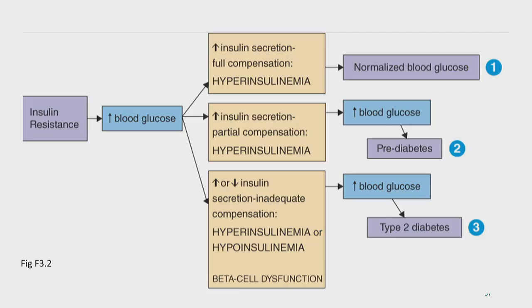If the lifestyle changes aren't made, eventually the pancreatic function declines to a point where blood glucose levels rise even higher and reach a level that is considered type 2 diabetes. At this stage, while lifestyle changes are still beneficial, diabetes medications may or may not be required to manage the disease.